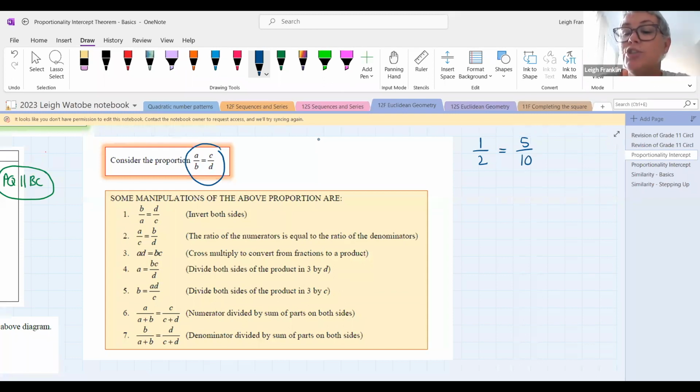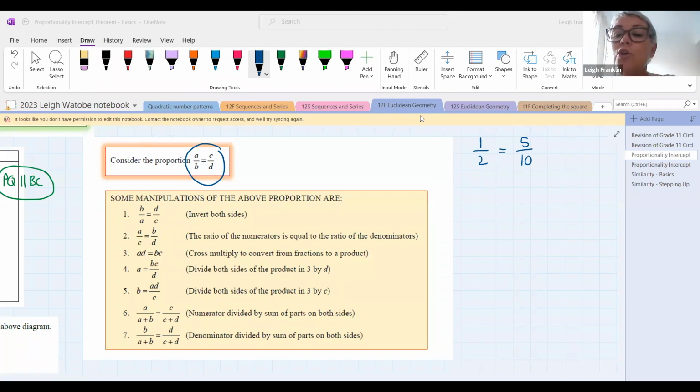Okay, so that relationship is called a proportion. It does not mean that the numerators are equal and the denominators are equal, because they're not. Okay, 1 does not equal 5, and in the same way, 2 does not equal 10. Okay, but 1/2 is the same as 5/10. So they have the same basic value if we go and simplify, right?